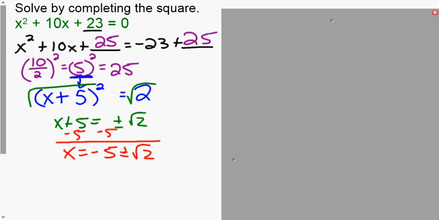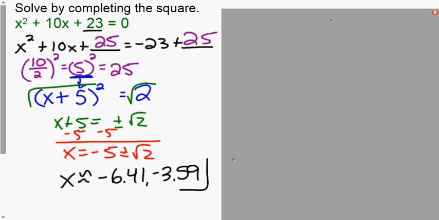And then our last step, again, that is our exact answer. We are going to get our approximate answer, so you're going to go negative 5 minus the square root of 2. You get negative 6.41. And again, to get the larger answer, you're always going to add. So negative 5 plus the square root of 2, and we get negative 3.59. So those are the two solutions.